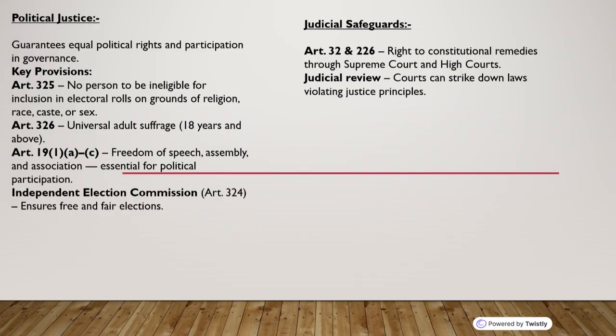Article 326 speaks about the universal adult suffrage, which is the minimum age for a person to vote. Initially, this was 21 years. In the year 1988, if I am correct, Mr. Rajiv Gandhi brought an amendment to the Constitution of India and decreased the age for voting from 21 years to 18 years.